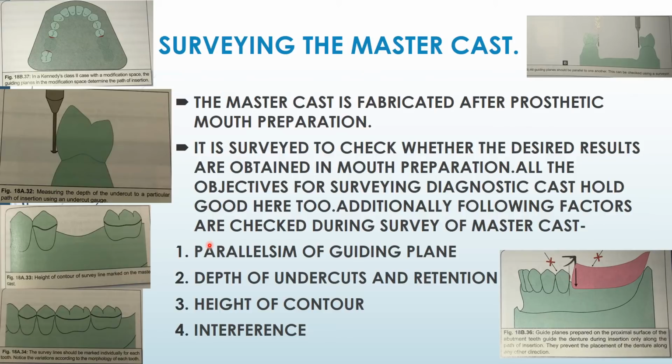It is measured using paralleling tools like the surveyor blade, or it is checked by tilting the cast laterally and anteroposteriorly. So you are seeing the parallelism of the guiding planes with the help of paralleling instruments. The diagram for this is this.